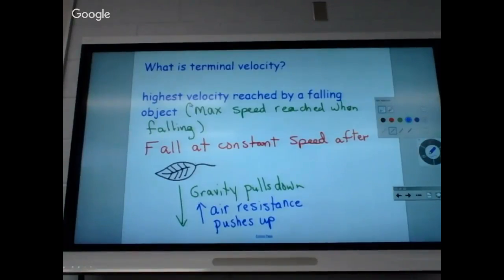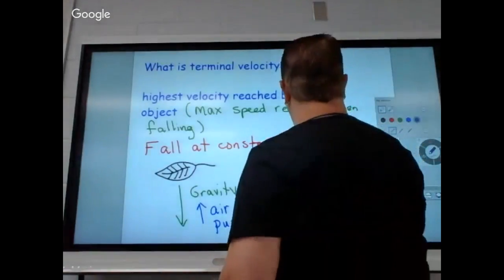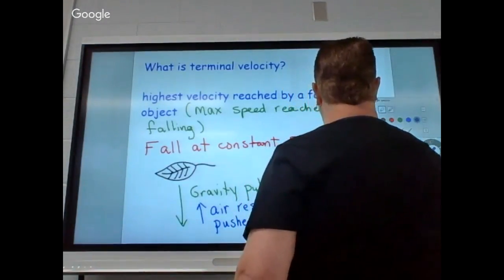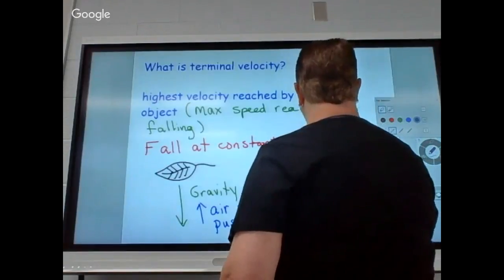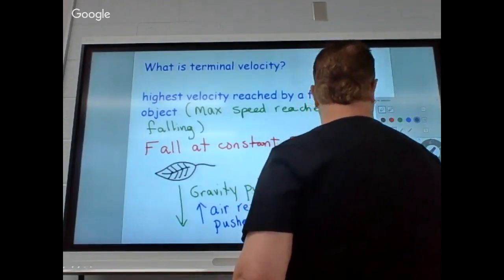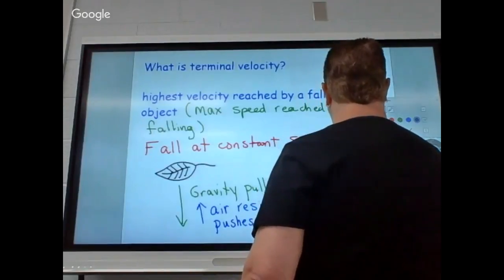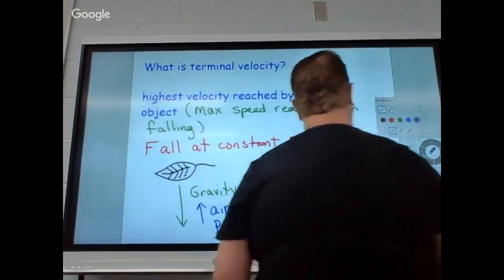All right, gravity pulls the leaf towards the ground, air resistance pushes the leaf up. Now, when gravity equals air resistance, yes, it is.